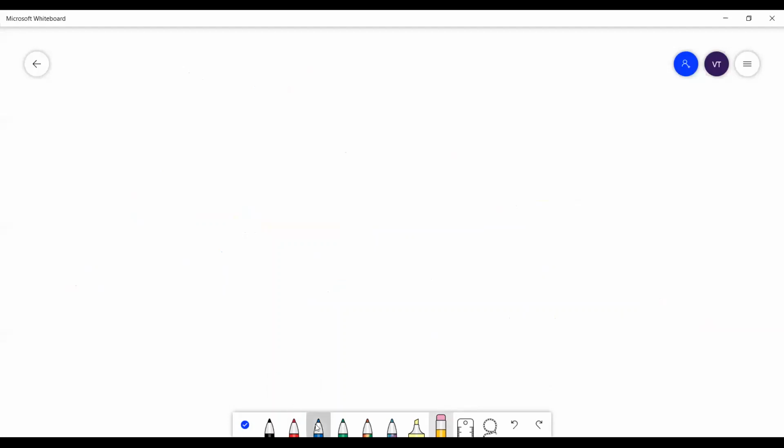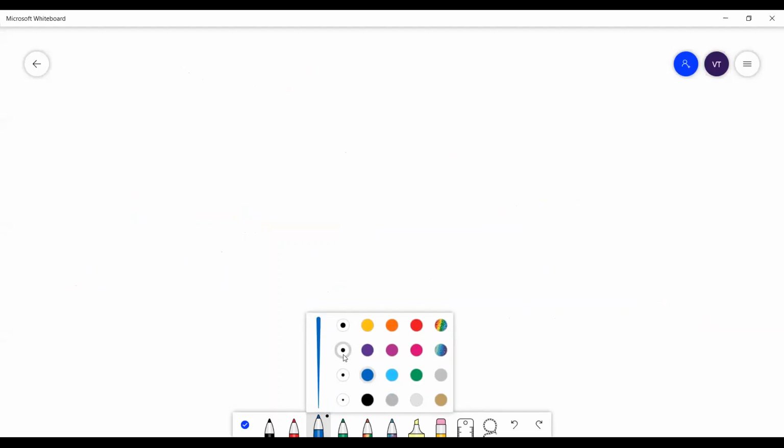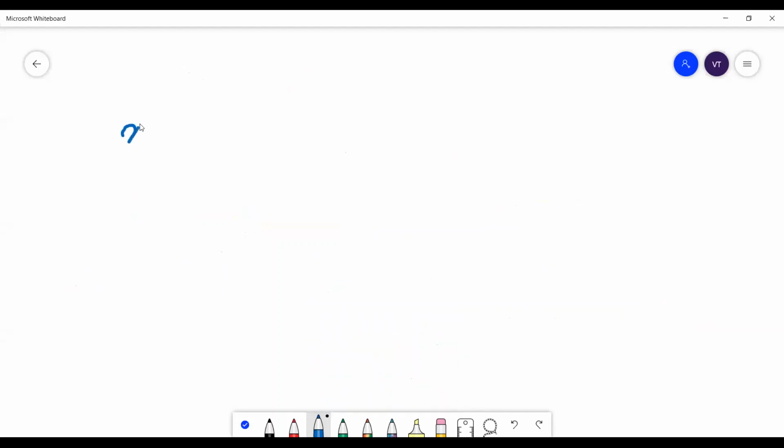X of n is equal to some random signal, 1, 2, 3, 4. I'll form a periodic sequence with this.